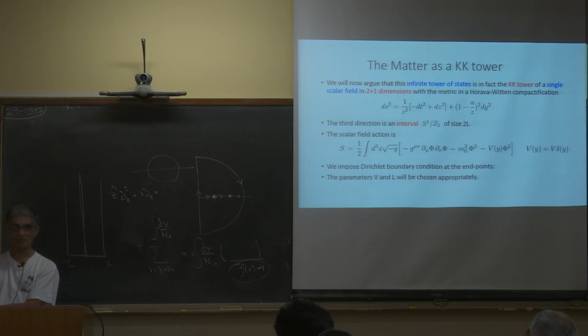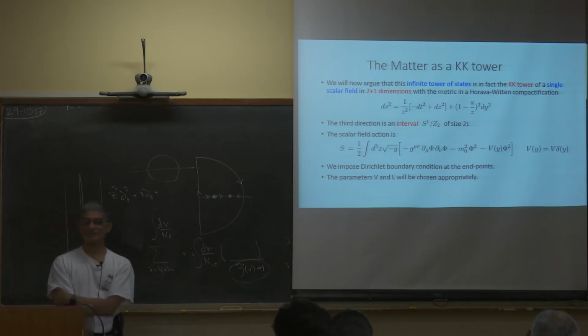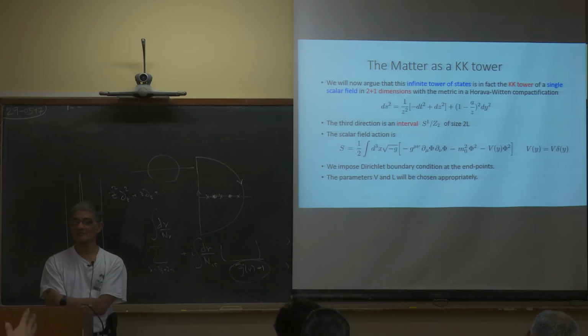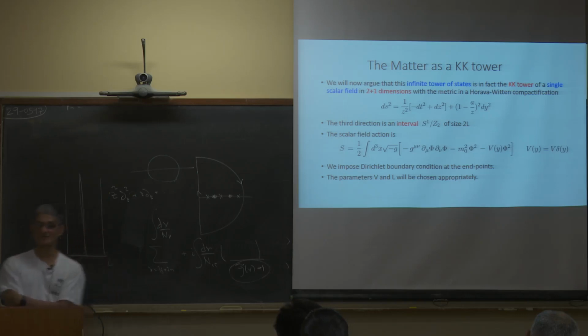But phi should have some definite parity under that Z2, so that odd parity. So, it gives you phi equal to 0 at the ends. Right. Oh, sorry. Now this odd and even is with respect to the reflection about the delta function. Yeah, good.